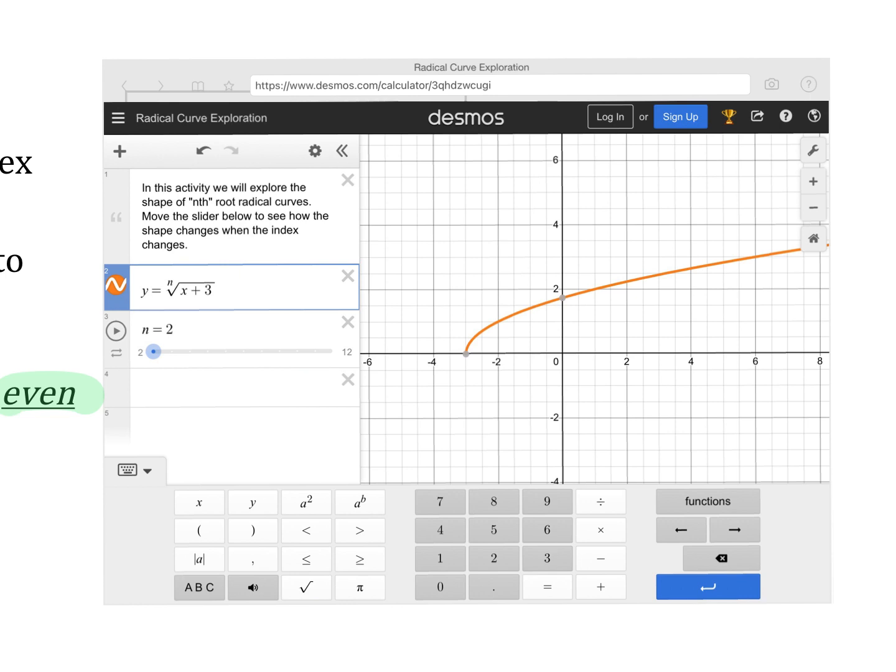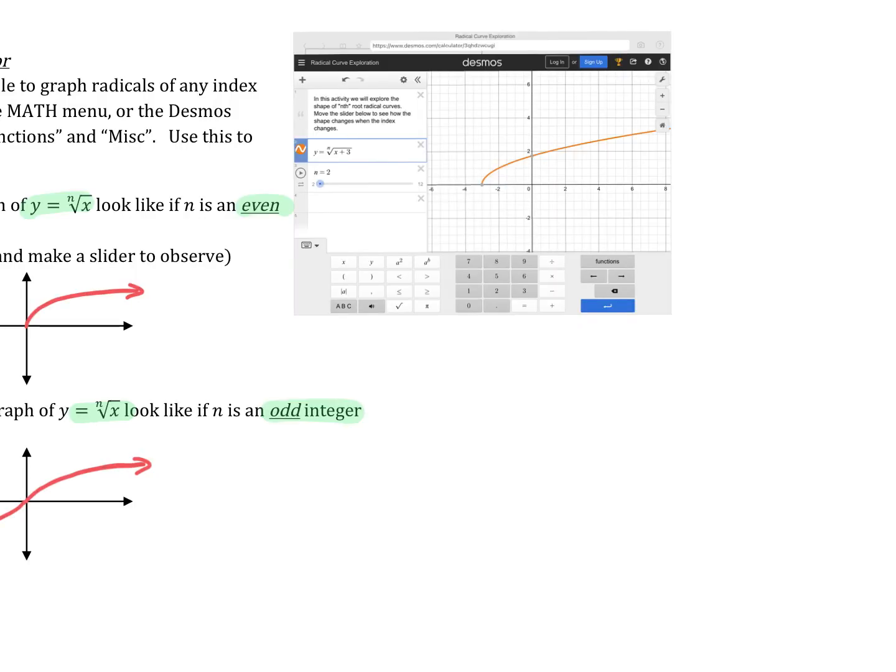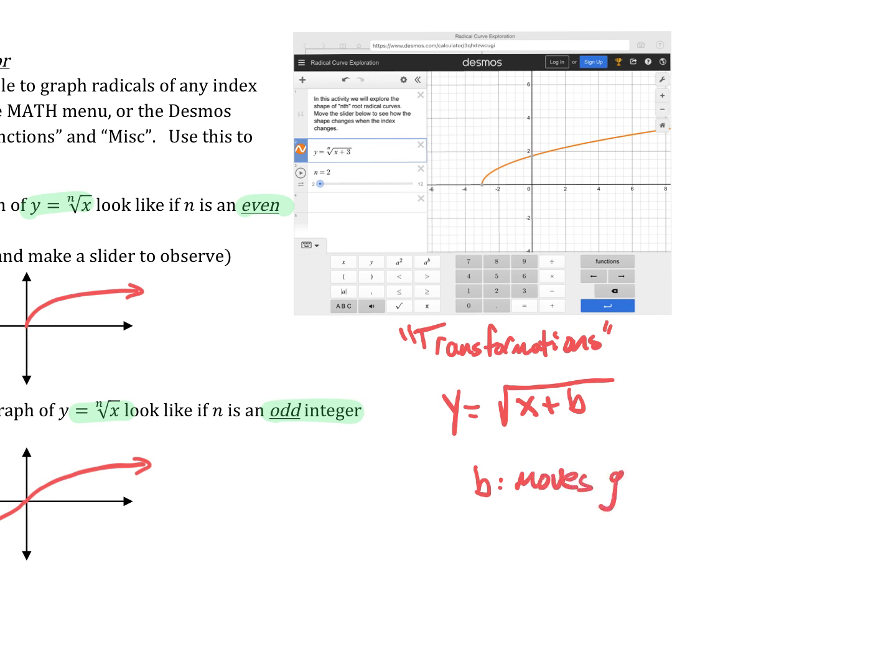Okay? So, all right, let's make a note of that. We call these transformations. And so if we have y equals the square root of, let's say, x plus b, then that b value moves the graph left and right.